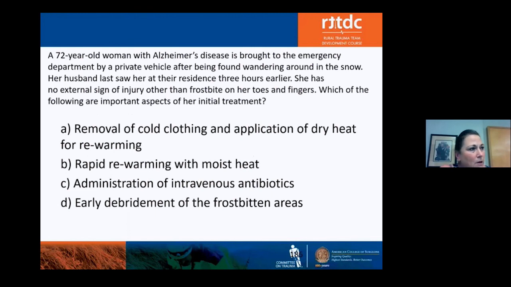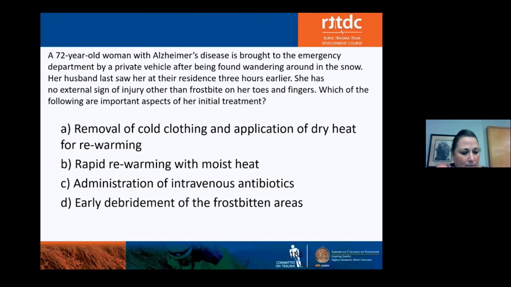maybe Dr. Dumeier can go over this one a little bit because I could see why both would be right. But removal of the cold clothing is the first thing that you want to do. But the application of dry heat for rewarming is not indicated. And if you look in the book, it says that you're using moist heat or a moist bath when you're rewarming, when you're looking at the injury of frostbite.